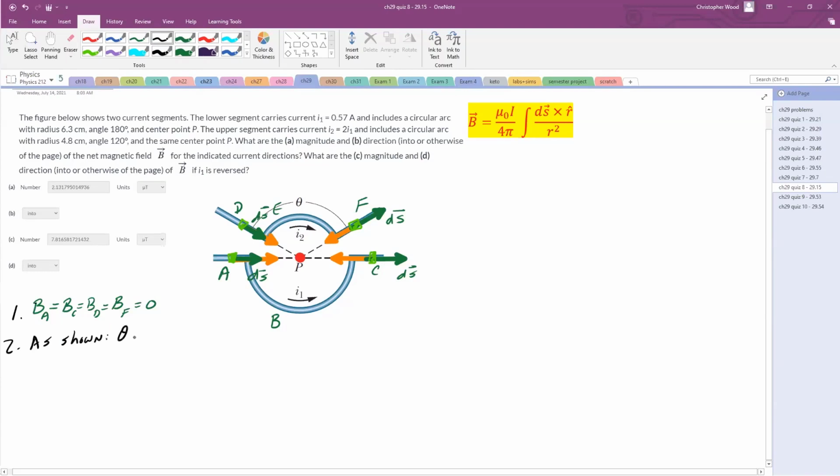you can say theta for A equals theta for D equals 0 degrees. And you can say theta for C is the same as theta for F, equals 180 degrees. So sine equals 0 in all cases.